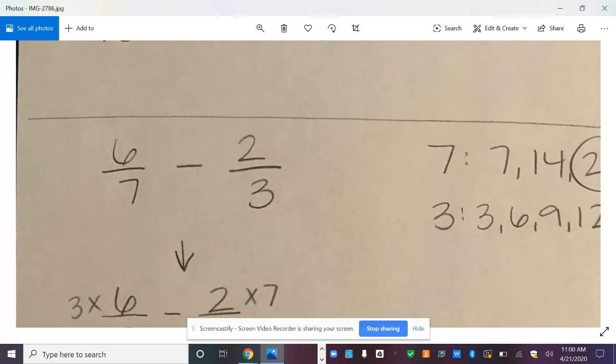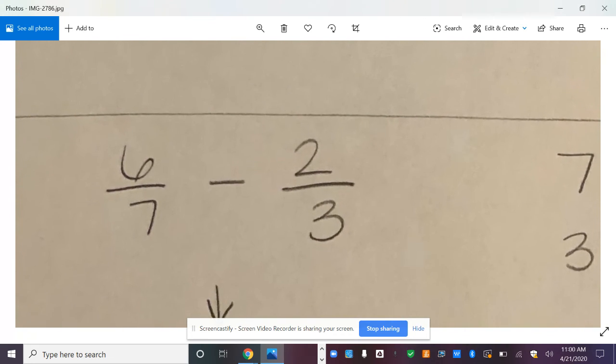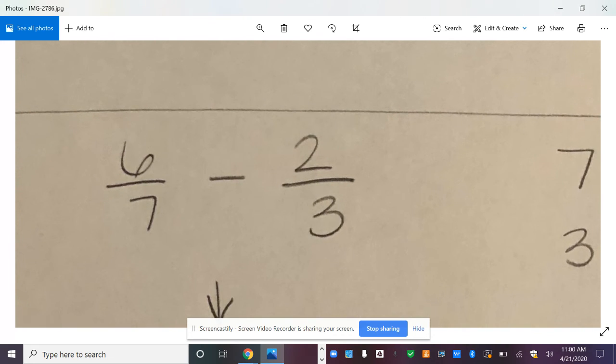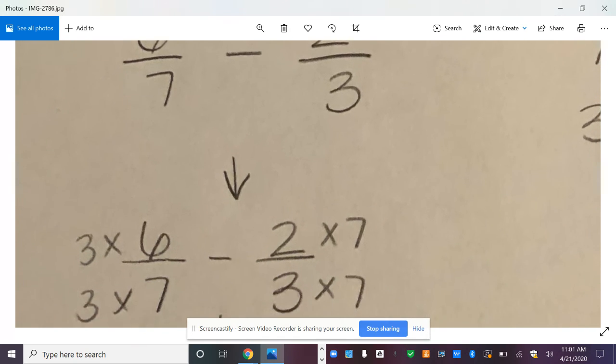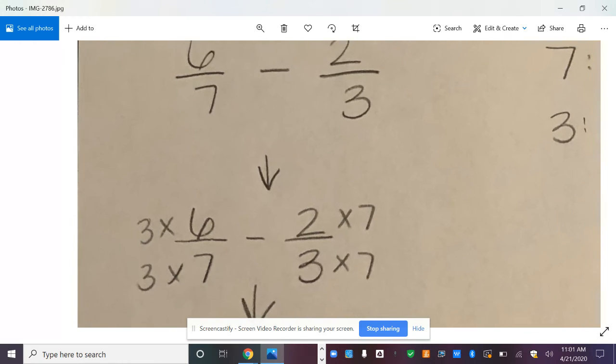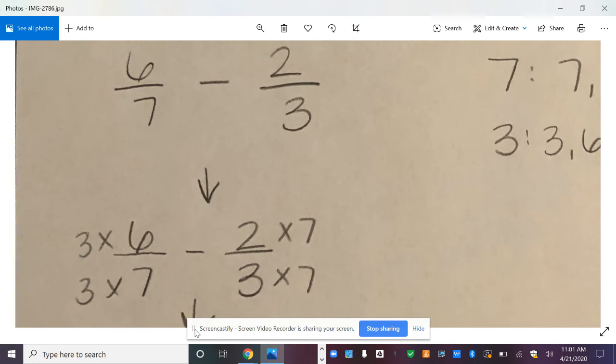Bringing it back to my problem, I thought, all right, how am I going to make my new denominator be 21? Well, I got to multiply, of course, and create equivalent fractions. So I took my 7, my denominator right here, and I multiplied it by 3. So what I do to the bottom, I do to the top. Same thing with this 3 over here. I looked at this 3 of the 2/3, and I thought, how am I going to turn this into a 21?